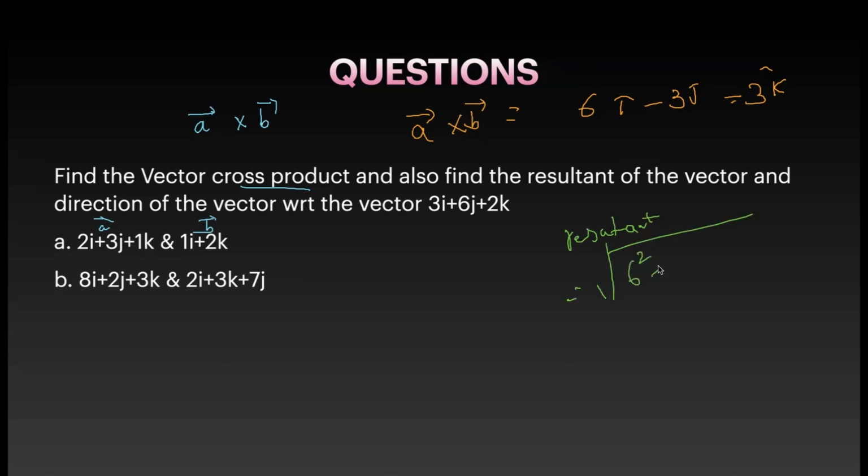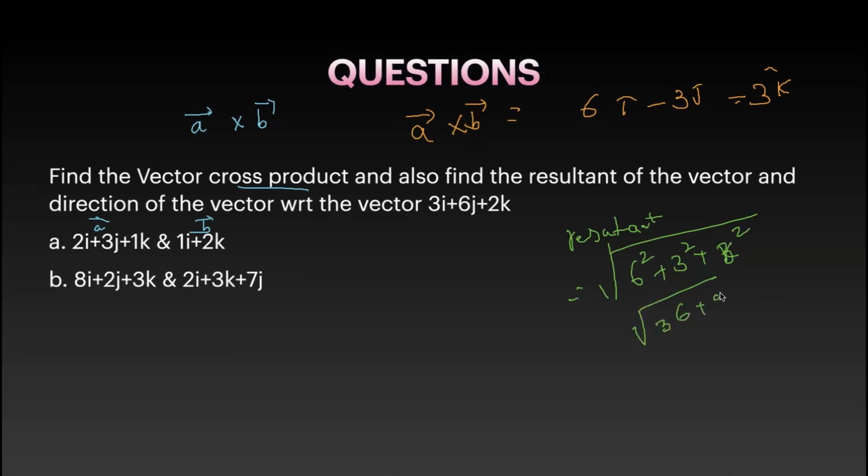Coefficient of i cap square, coefficient of j cap square, coefficient of k cap square: 36 plus 9 plus 9, and this is nothing but root of 54. Okay. This is the value of the magnitude of the resultant.